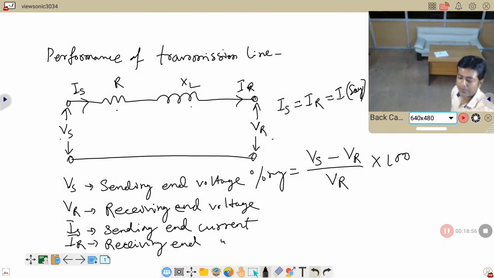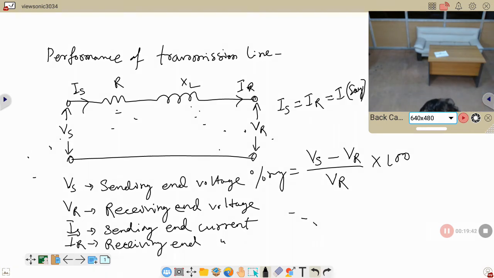If this drop is more, you get less voltage at the receiving end, right? So the difference between the sending end and receiving end voltage will be more, and thereby the regulation of the line is poor. That means the performance of the line is poor because the line has huge losses. Now think the drop is very small. Suppose you give 220 volt input and you get 219 volt output. That means a 1 volt drop is there, so that represents better line regulation.